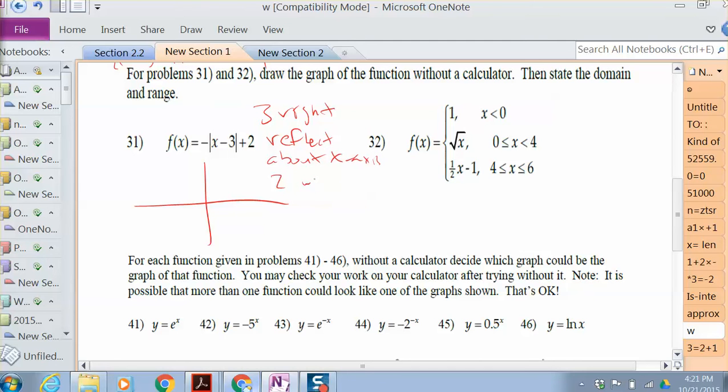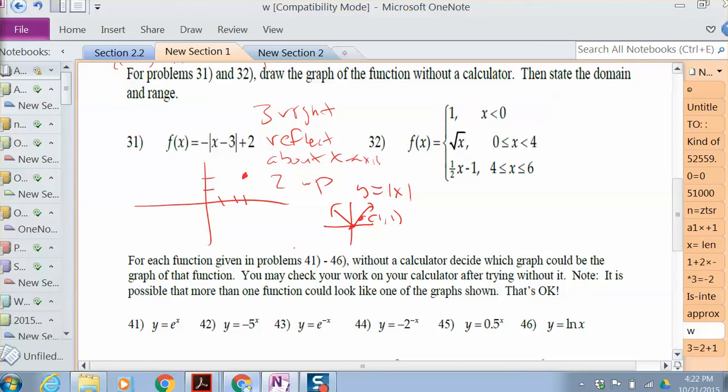So when we compare it to the parent, shift 3 right. If you look at the vertex, 3, 0. You reflect that about the x-axis, still at 3, 0. Shift 2 up. But then when I look at the point 1, 1, shift 3 right, so it's a 4, 1.